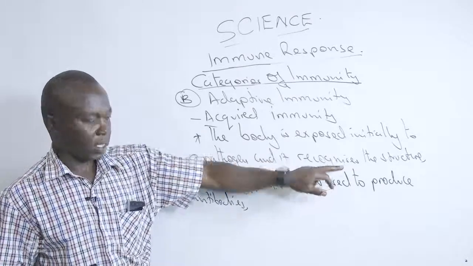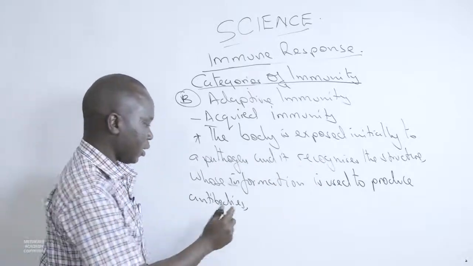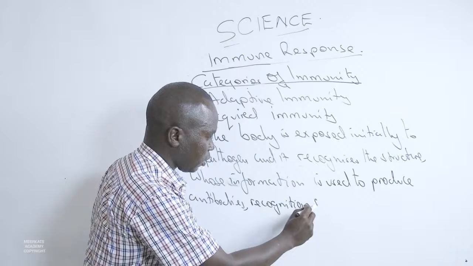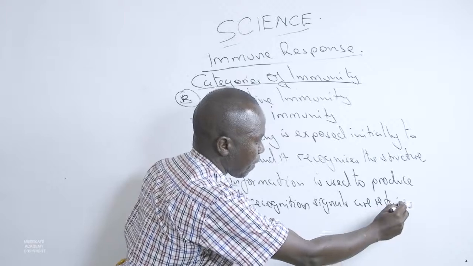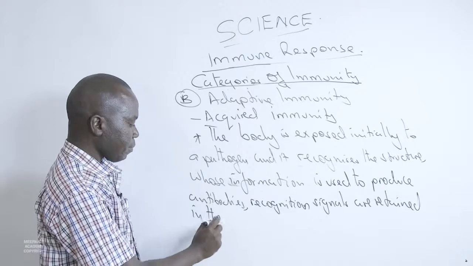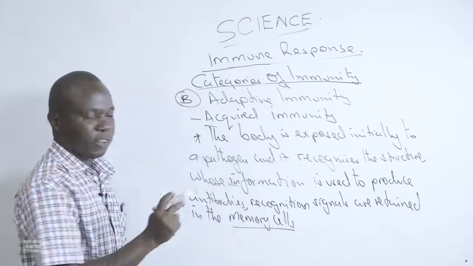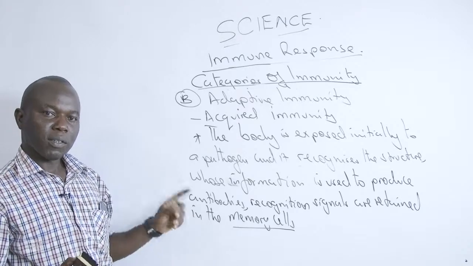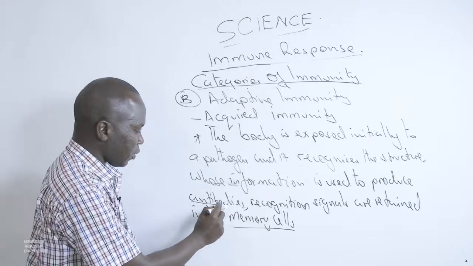The recognition information is retained in the memory cells. Now what for? So that for any subsequent attack, the body will just be able to recognize this and produce again the same kind of antibodies that it produced.